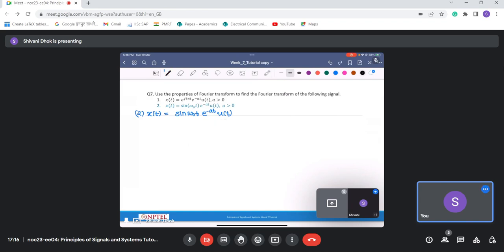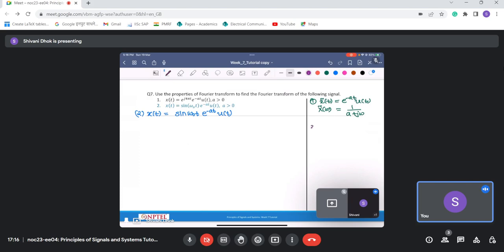What we have with us right now are the following. The first one is, let's say, x tilde of t equal to e power minus a t u of t. This has a Fourier transform x tilde of omega, which is equal to 1 upon a plus j omega.